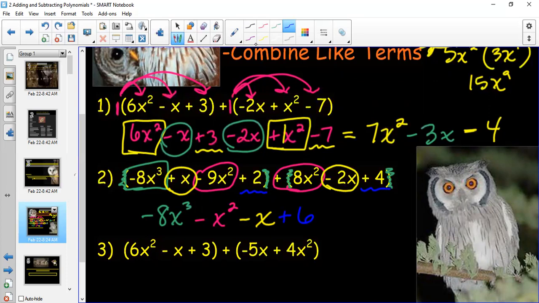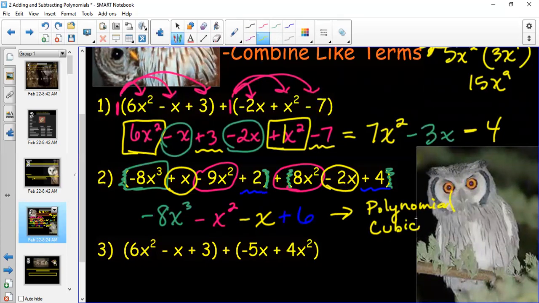Now, just as a review from yesterday, if I named this polynomial, I have 1, 2, 3, 4 terms. So this is a polynomial with 4 terms. Poly meaning many. If I named it based upon the degree, the highest degree here is 3, so that would be a cubic.